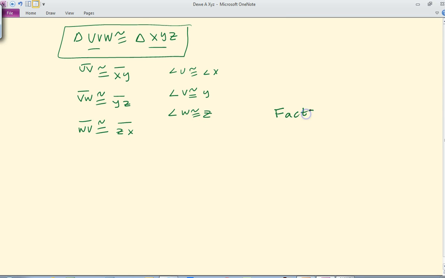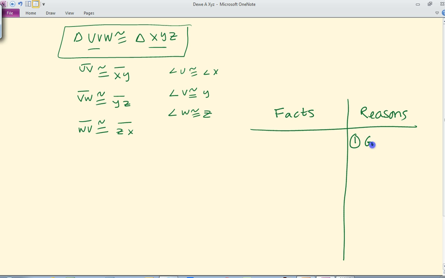In a 2-column proof, we have facts on the left, we have reasons on the right, and we know that the reason for the fact in the first position is always going to be given.